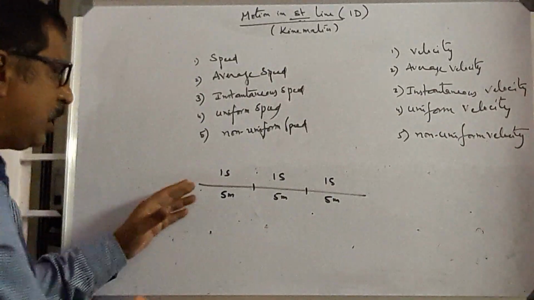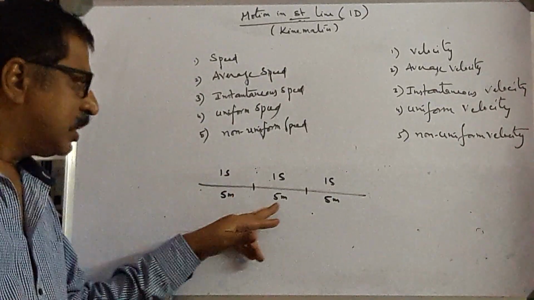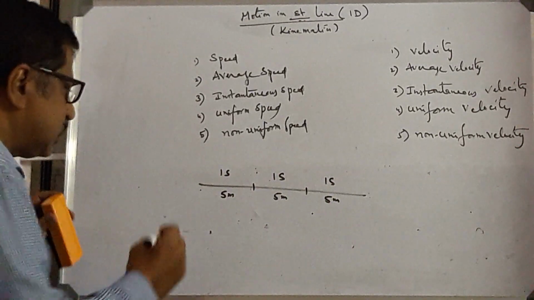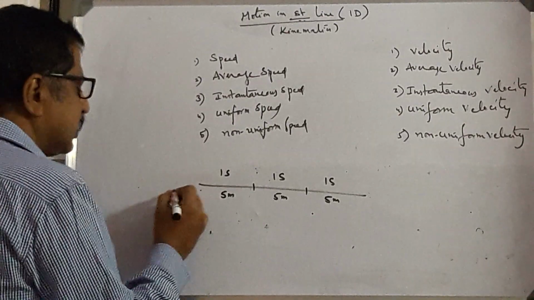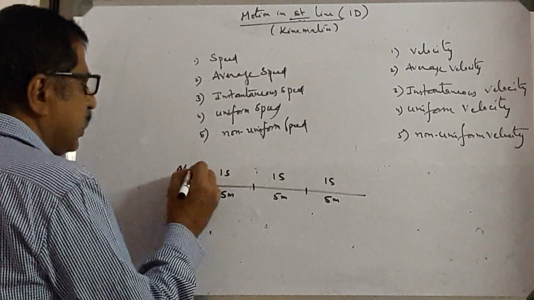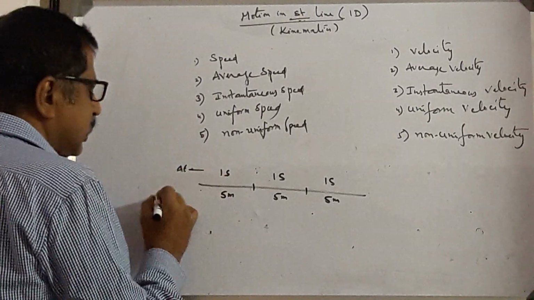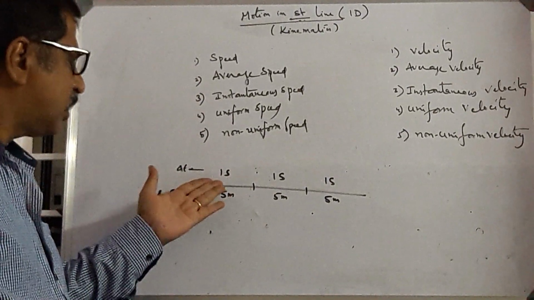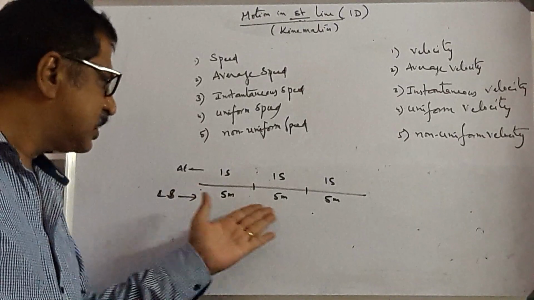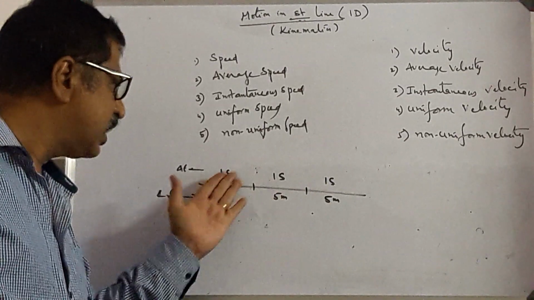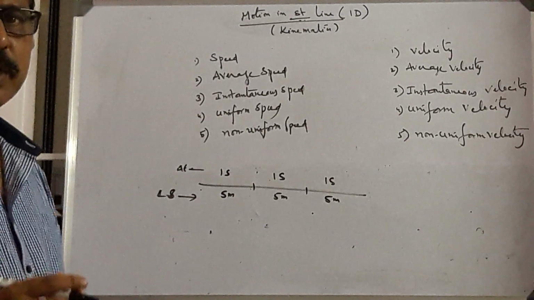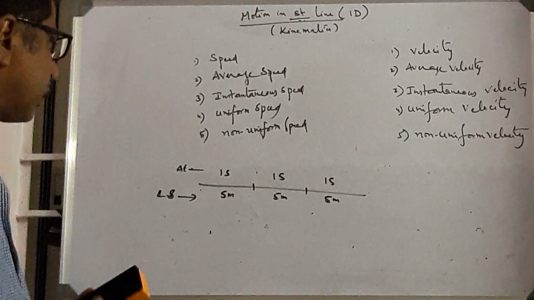That means the body travels equal distances in equal intervals of time. Here delta S is the displacement and delta T is the time interval. If the body covers equal distances in equal intervals of time, then the body is said to be moving with uniform speed.